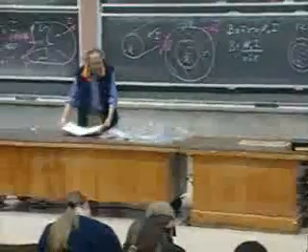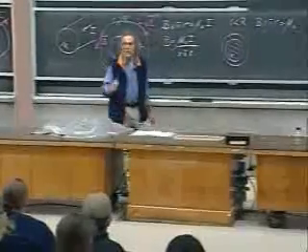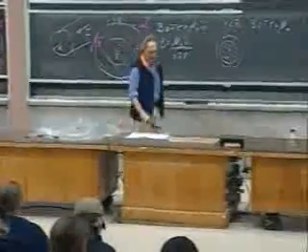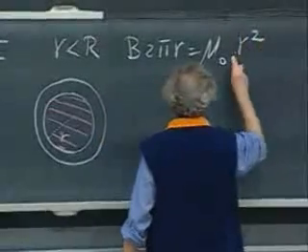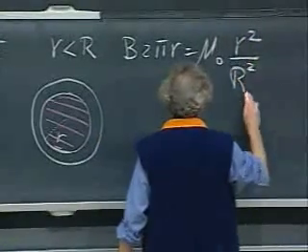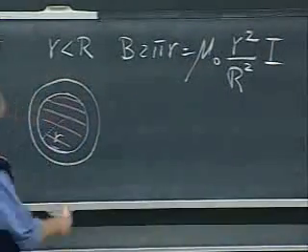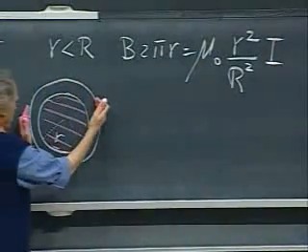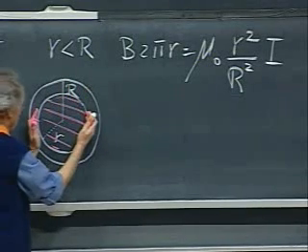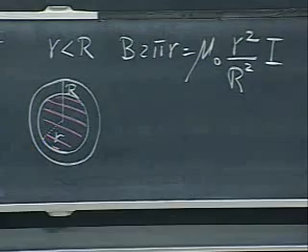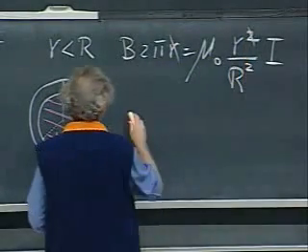Because now not the full current I is penetrating my surface, but only a fraction. And the fraction that penetrates the surface is little r squared divided by capital R squared times I. You see, because the total current comes through the radius capital R, but I only have a circle with radius little r. And so I lose one r here, and so you get a very different result.